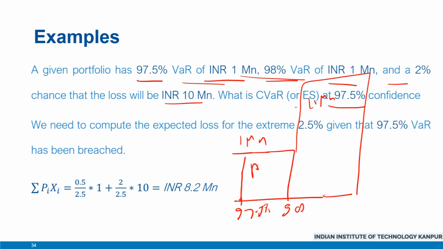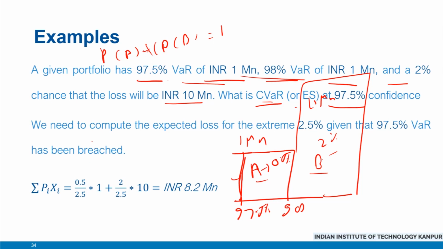So there are two particular discrete regions available to us, A and B, and while computing CVaR, we assume that this 97.5% is breached and the only two possibilities are A and B. So the corresponding probabilities of 0.5% here and 2% here need to be standardized to 1. That means now probability of A plus probability of B has to be 1, conditional, because we are dealing with a conditional event, conditional on the VaR being breached, and therefore we are in this region only. How to achieve this?